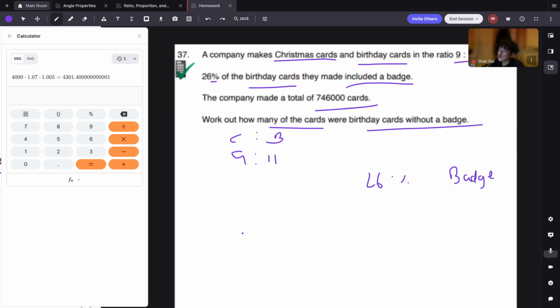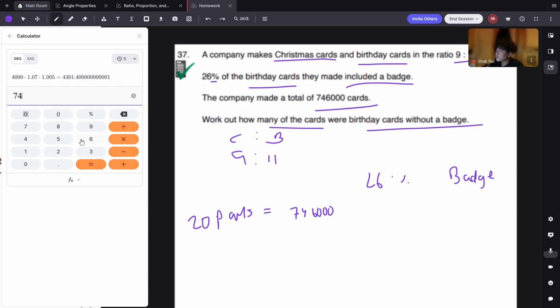The company made a total of 746,000 cards. So the total number of parts is 20, and 20 parts is equal to 746,000 cards altogether. So what's the value of each part going to be?